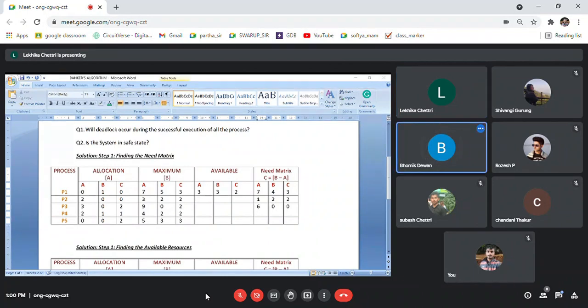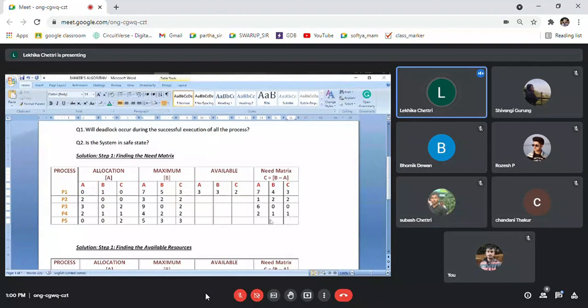Hello, ma'am. Shivangi, you there? Yes, ma'am. Okay, so Shivangi, give me the need matrix for P4. Ma'am, 2, 1, 1. 2, 1, 1, that's correct.